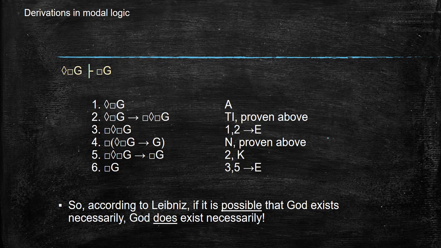And part of the motivation for different modal logic systems has actually been to avoid a conclusion like this. Remember, this isn't inherently about God, it's just about any proposition whatsoever. So it proves that if it's possible that it's necessary that P, then it's necessary that P.